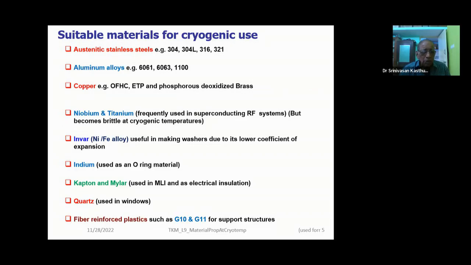First is, for example, austenitic stainless steel. Grades are 304, 304L. 304L means it has low carbon content compared to 304. Then 316 and 321, etc. These are called the normal non-magnetic steels.